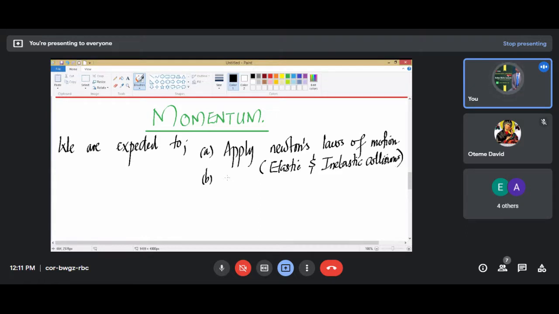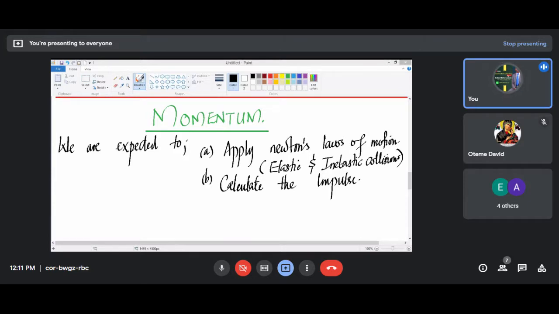Those are the two bits that we must brainstorm as regards what we call momentum.